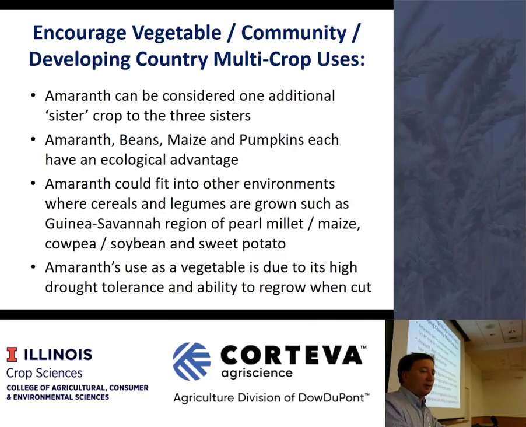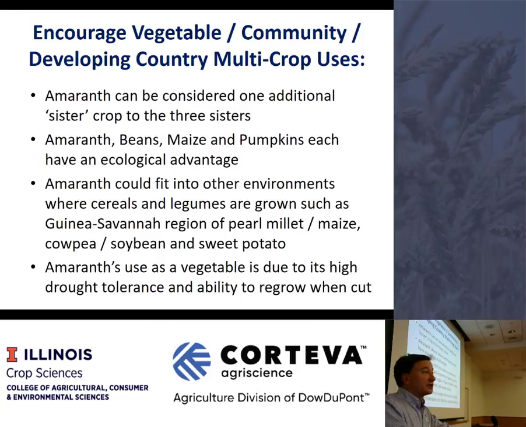It's also a crop that, because of its drought tolerance, could be grown where pearl millets, sorghums are grown in the Guinea Savannah region of Africa. And since they're now pushing soybean into that region, it could be something that could alternate with nitrogen-fixing crops like cowpea, which is traditional there, and sweet potatoes.